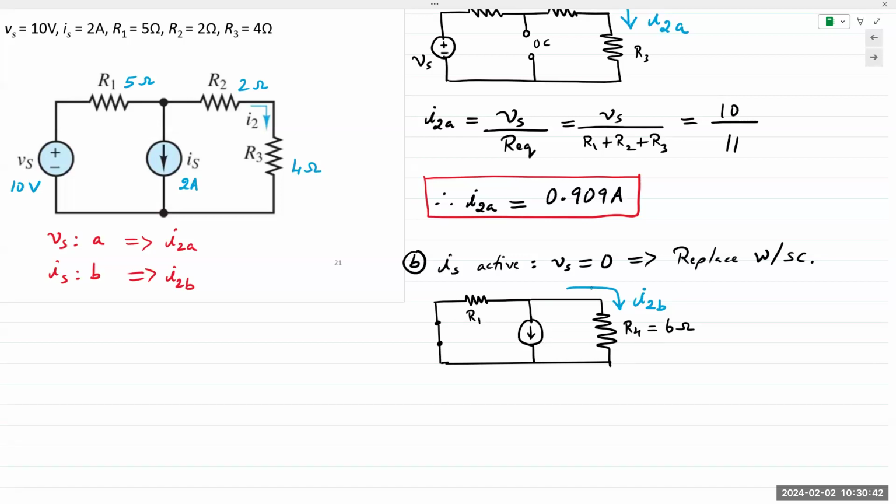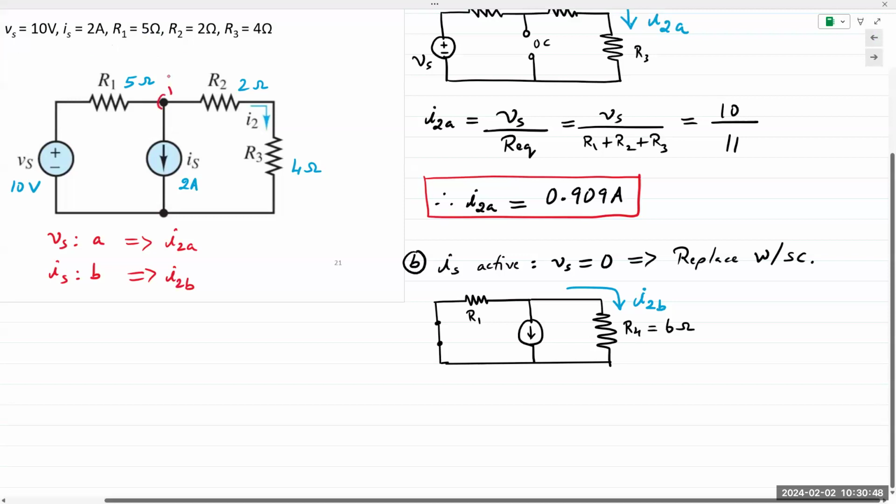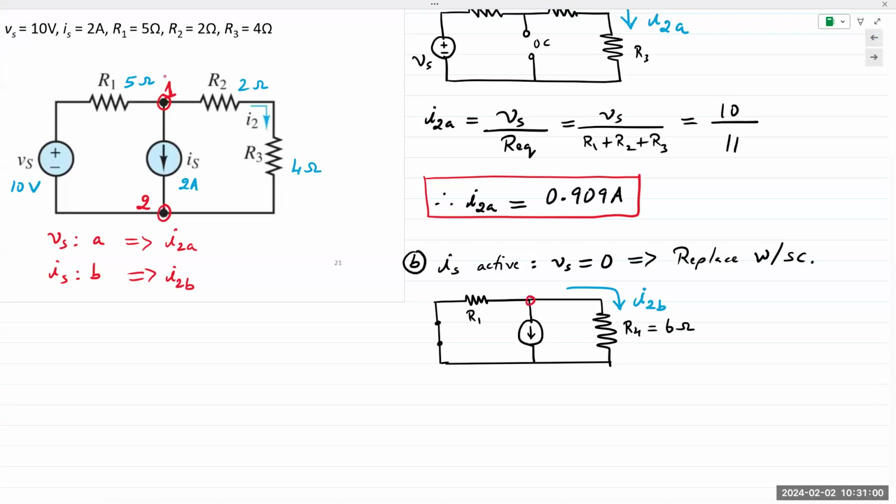Let's label these terminals. I'm going to label this terminal as 1, and I will label this as 2. So 1 is here and 2 is here. What do we see?